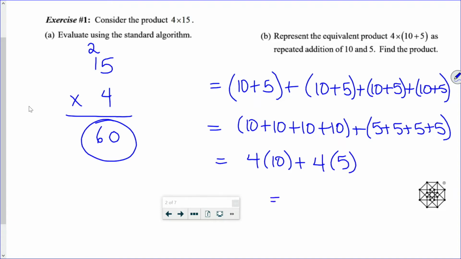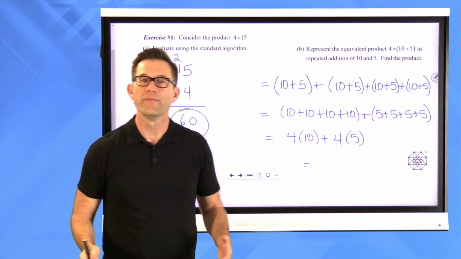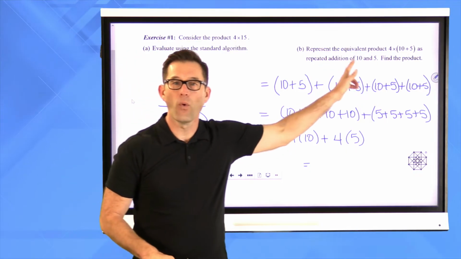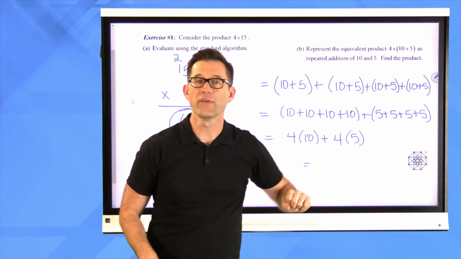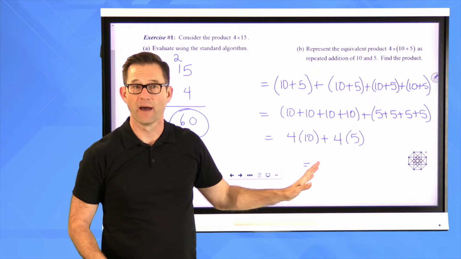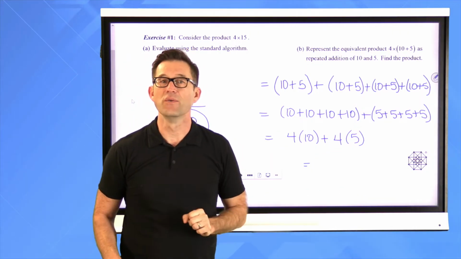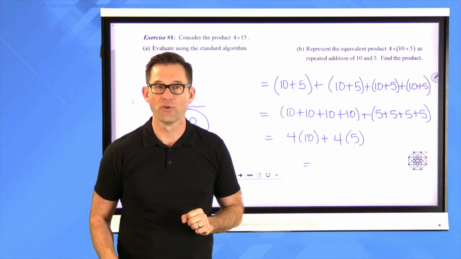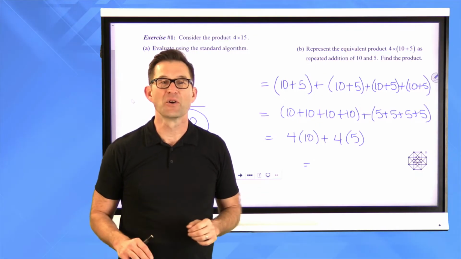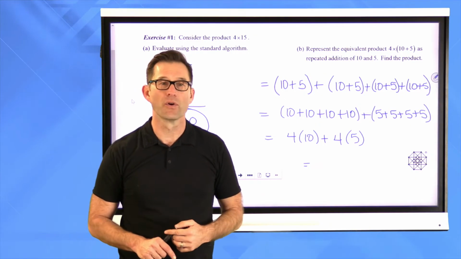Now, before we finish that, I just want to point out that 4 times 10 plus 5 can be thought of as 4 times 10 plus 4 times 5. And that is known as the distributive property of multiplication. Its technical term is the distributive property of multiplication over addition, but whatever.